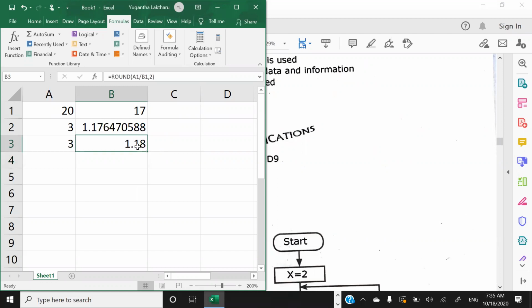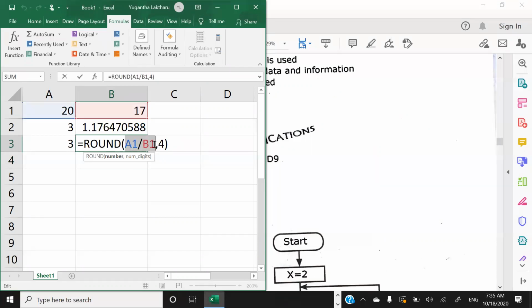So if I change my formula to 4 decimals, then it's going to give me 4 decimals, right? So the round function contains 2 things. First parameter, we call this parameter or the arguments.